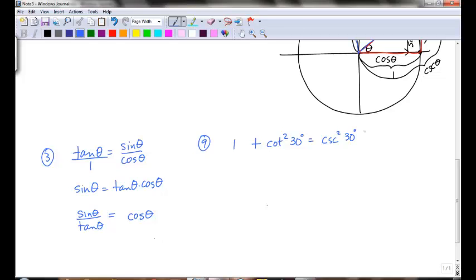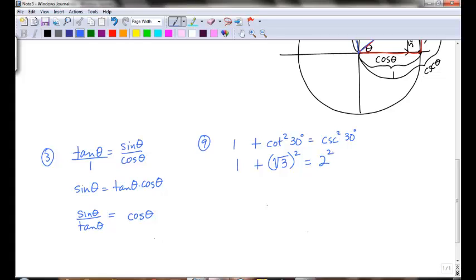Now on your chart, what is the cotangent of 30 equal to? Radical 3. So it's 1 plus, we're going to sub in radical 3, but it's squared, cotangent squared. So it's radical 3 squared equals, look on your chart, what's cosecant of 30? 2. But it's squared.